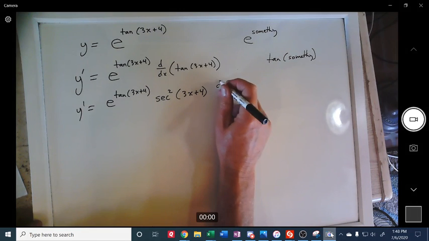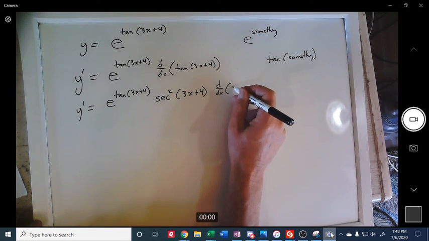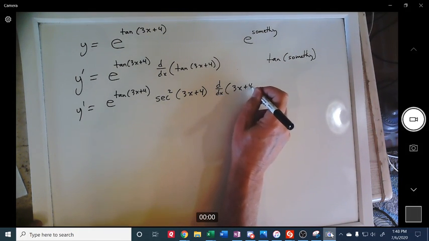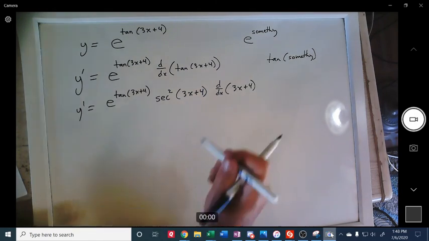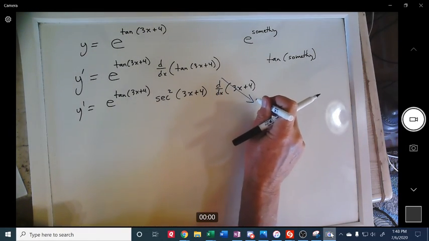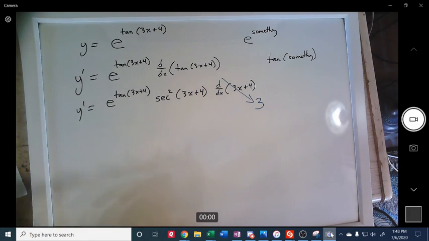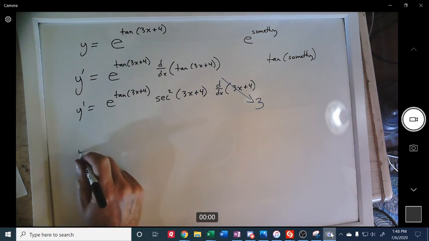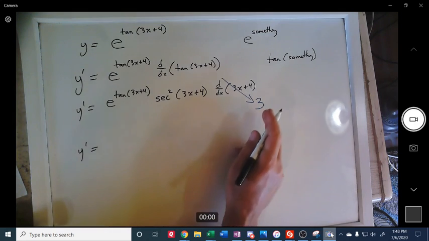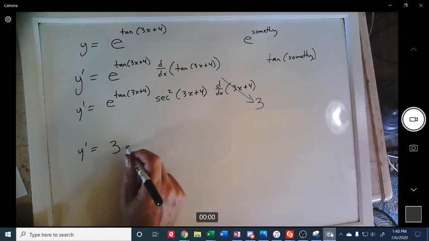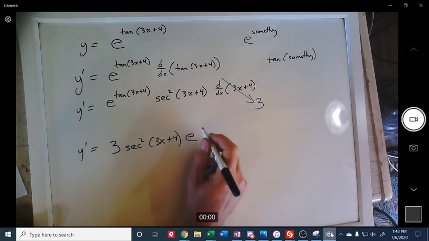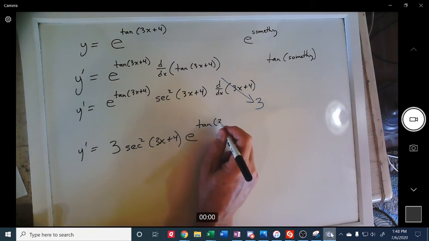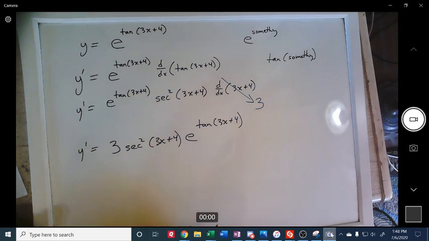We have to tack on the derivative of the inner function of everything else. We only took care of the tangent, so everything else stays there. And its derivative is 3. So then y prime is going to be 3 secant squared of 3x plus 4, times e to the tangent of 3x plus 4. That would be it.